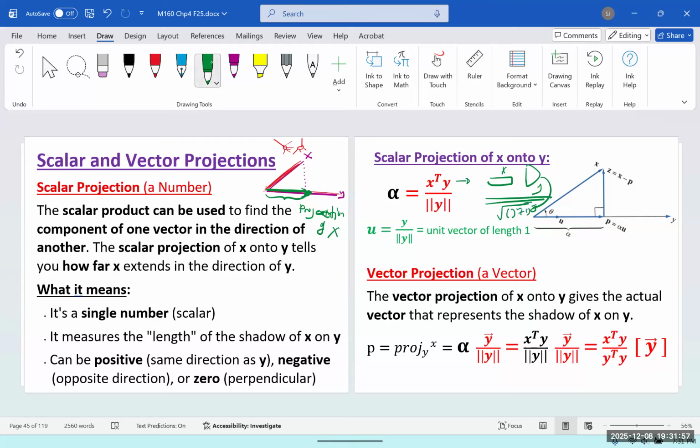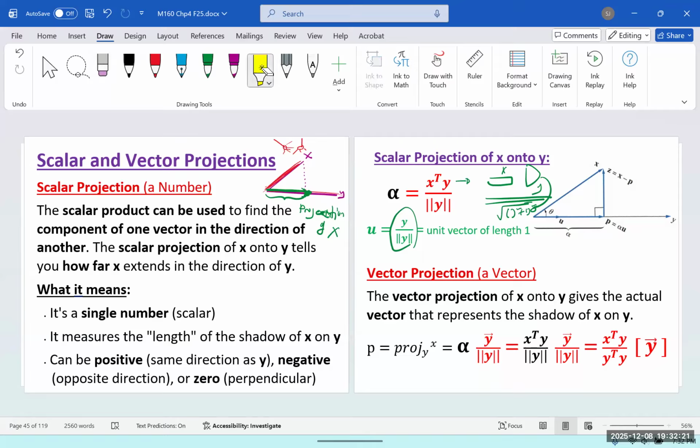Another formula says all you have to do is look at the unit vector, and that unit vector will help you find the projection vector. I actually don't quite understand the unit vector concept, so I always avoid that.